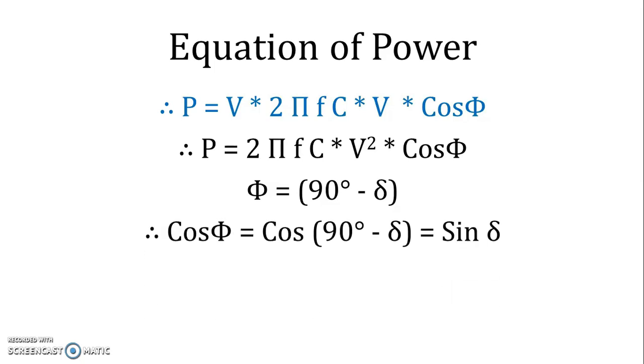Cos phi we can write as cos of 90 minus delta, which is equal to sin delta. But the value is very small, so we can directly use delta in our power equation. So the power equation becomes 2 pi f C V square multiplied by delta.